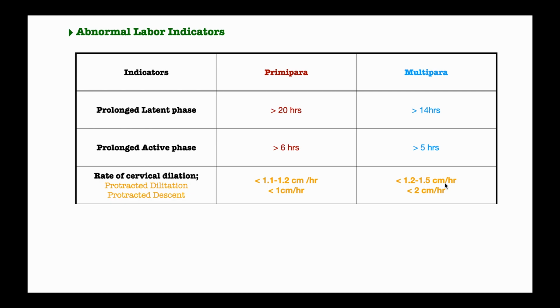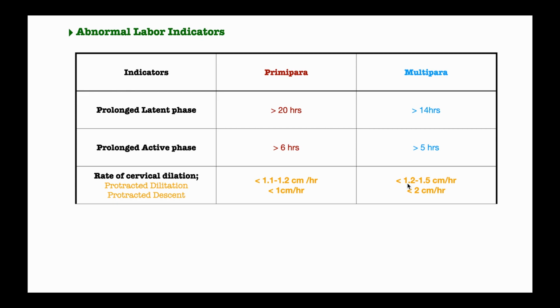And so any dilatation below 1.1 centimeters per hour in the primipara and less than 1.2 centimeters per hour in the multipara is classified as a delay, which will lead to a prolonged active phase of labor.